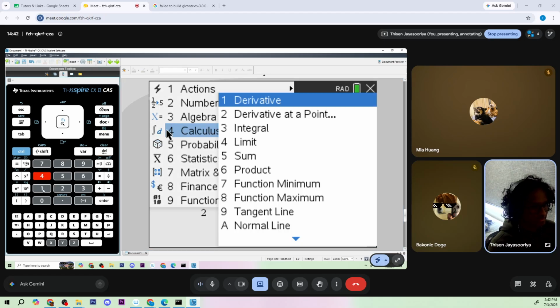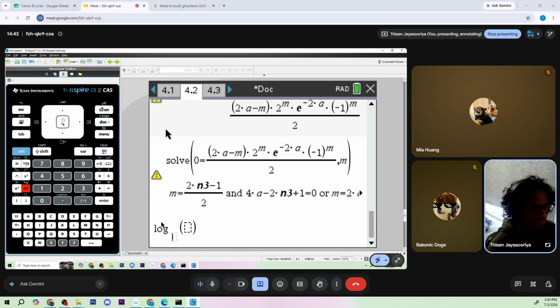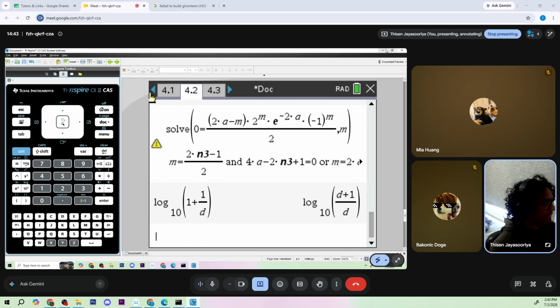So here I have 1 1 f of... let's not call it f. Let me actually just define here the log. So here, control this log. If I don't put a base there, the calculator implies that it's log base 10. So it's 1 plus 1 over d. So I get this.